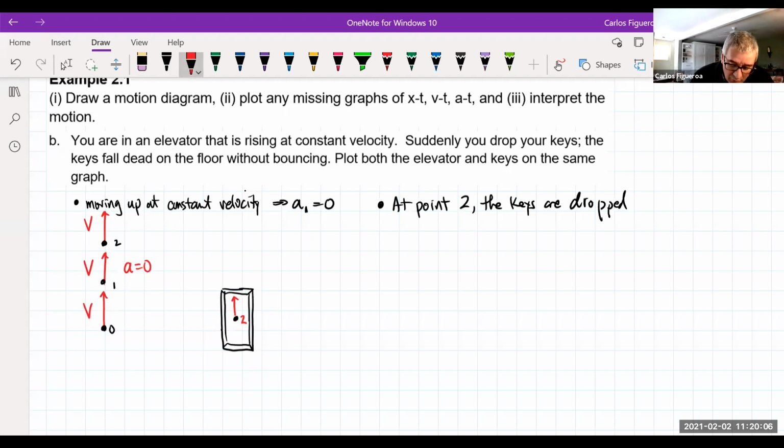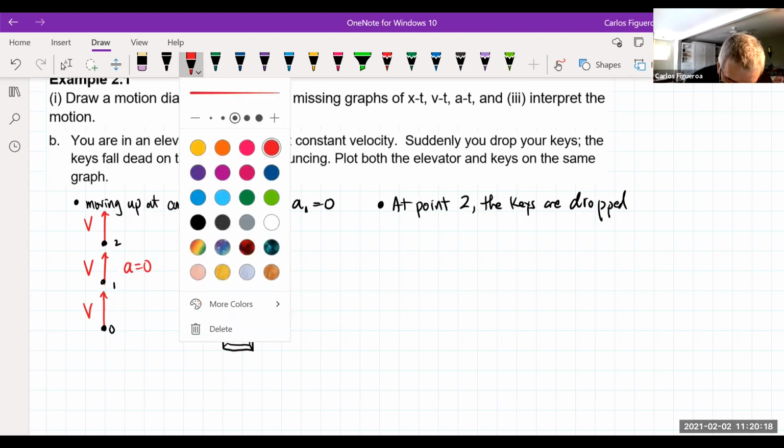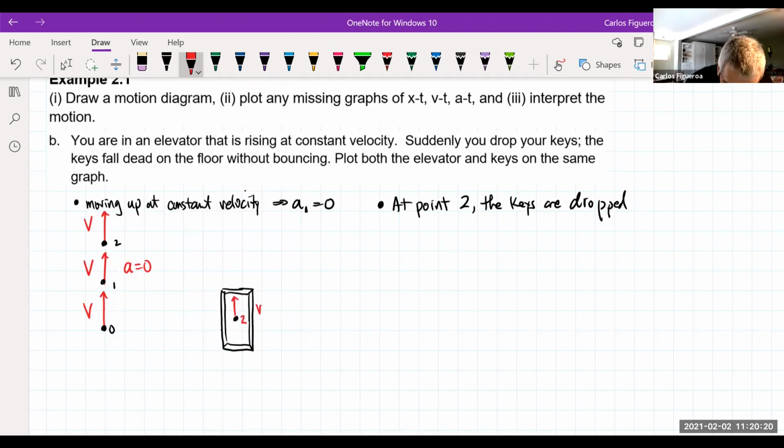So we're seeing two different things here: if you're moving at constant velocity, then the velocity of the keys must equal the velocity of the elevator. So there are two things that are happening here.